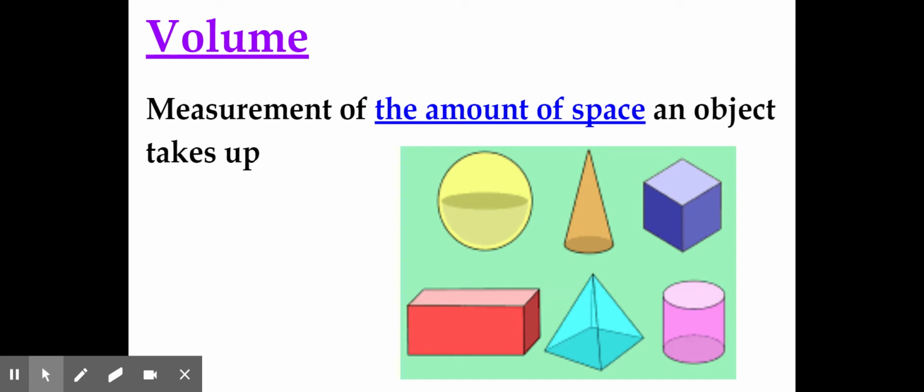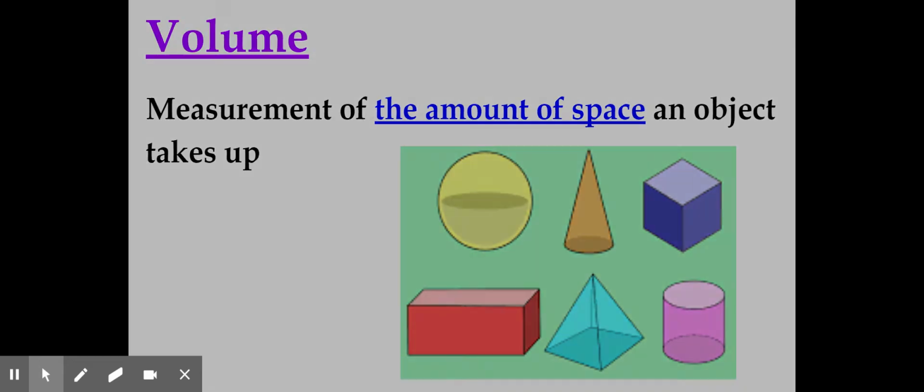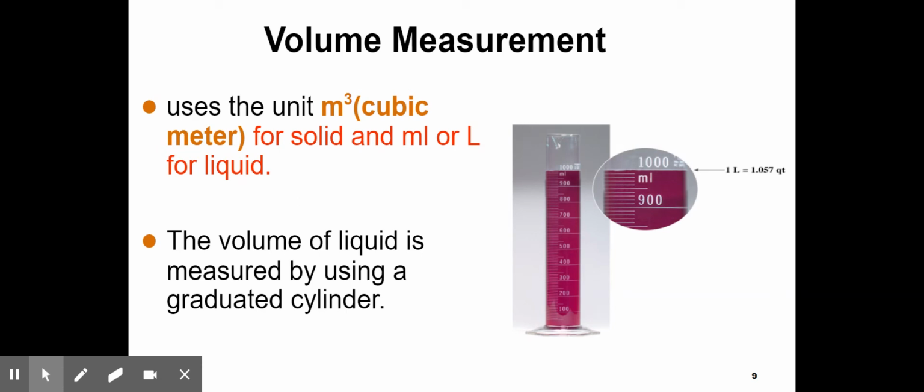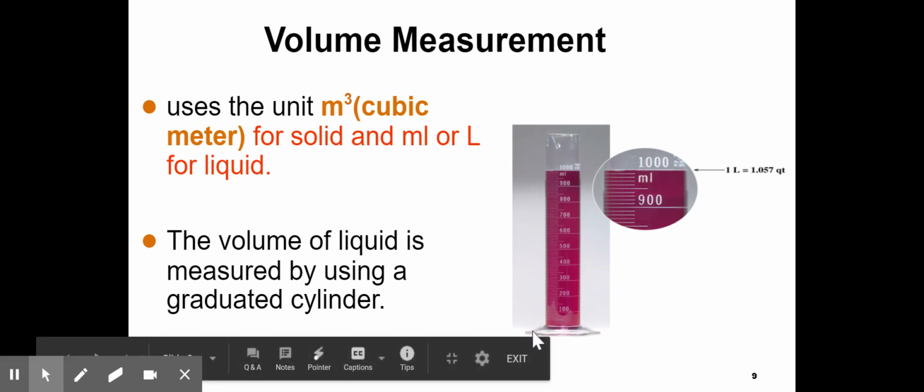If you see a very fat and tall person, you can say he has a big volume, because he takes up a big space. For volume, we use cubic meter, or cubic centimeter for solids, and we use milliliter or liter for liquids.